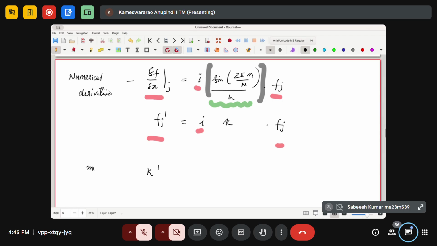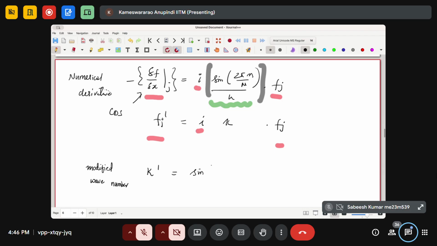This is the modified wave number which I will get when I solve for the derivative using a central difference scheme that is second order accurate. Of course, if you use a different scheme with a different order of accuracy, you're going to get a different modified wave number. So I'm calling this coefficient between i and fj as k prime.